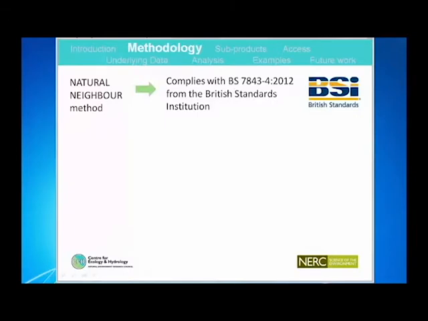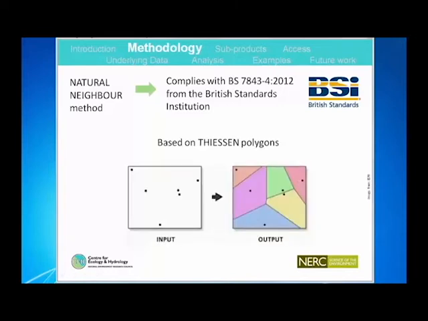The interpolation method that was used for this dataset is the natural neighbor method, which is one of the recommended methods by the British Standards Institution for gridded rainfall estimates. The natural neighbor method is based on Thiessen polygons. If you have a network of points, the Thiessen polygon for a given point is the area surrounding that point, within which every single point is closer to that point than to any other point of the network.